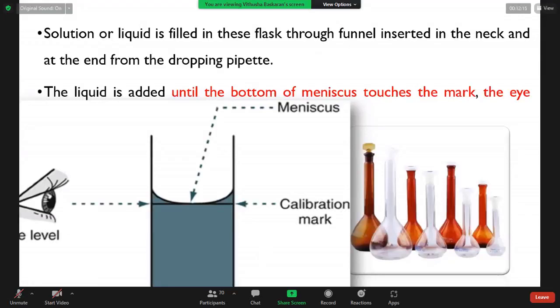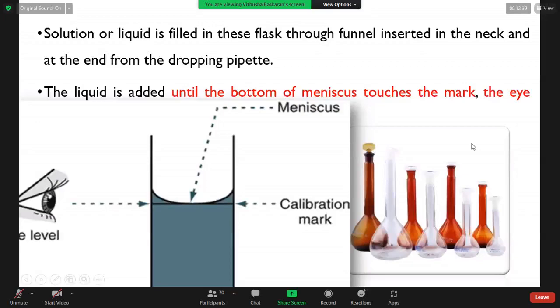And the shape of the liquid which forms on the top is known as the meniscus. So the bottom of the meniscus should touch the calibration mark. When you fill, you have to consider the bottom part of the meniscus should touch the calibration mark, and you have to hold your eye at the bottom part of the meniscus. Okay, this is the important point.